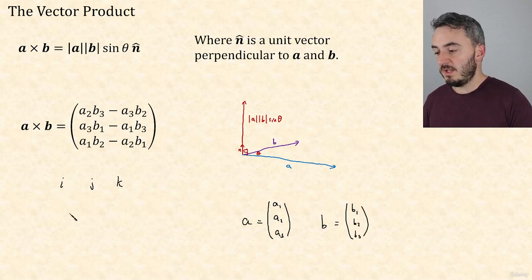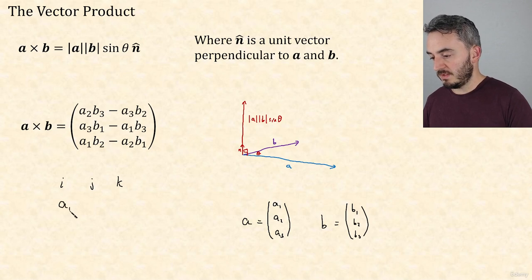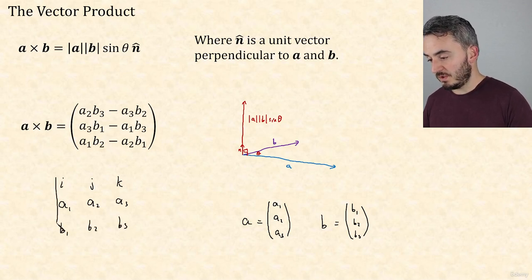So we write i, j, k, and then we write the components of our vectors: A1, A2, A3, B1, B2, B3. And we can just find the determinant of this matrix.